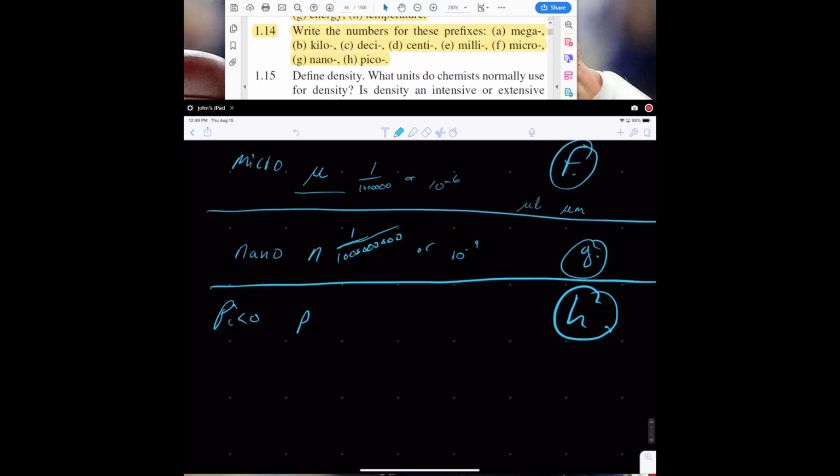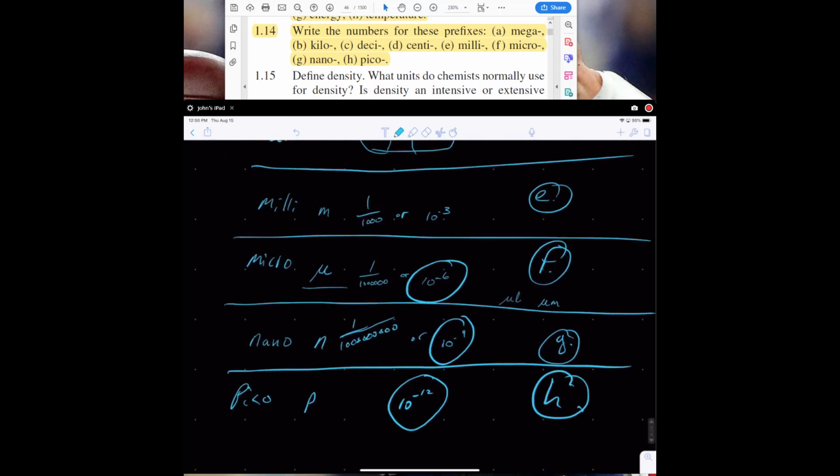And this is, let's see, we have 1,000, 100,000, million, billion. So this is going to be a trillion. One trillionth of a base. Yeah, this is 10 to the minus 12. Okay.